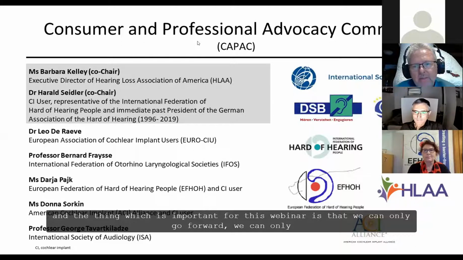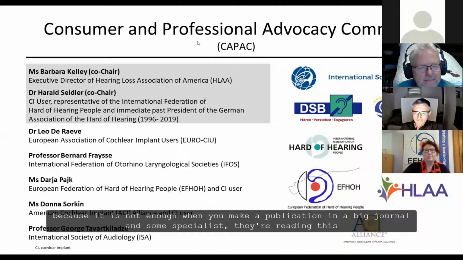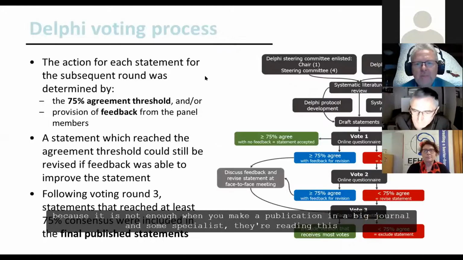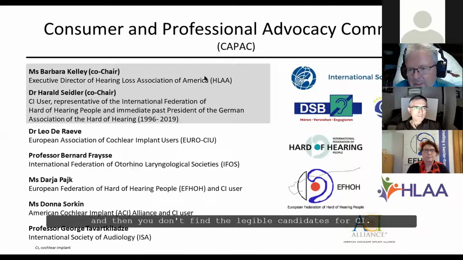we can only go forward and make progress when we introduce the participants, the CI users, the advocacies. Because it's not enough to make a publication in a big journal that some specialists read, because then you don't find the eligible candidates for CI.